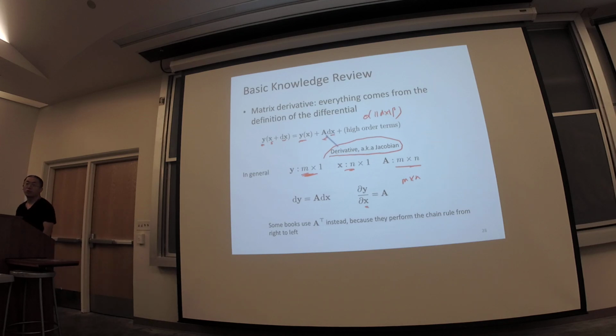So suppose we want to use the chain rule, same kind of thing. I have a y function, which is n by 1, which is a function of x, which is n by 1, right? And now suppose x is another function of theta, which is, say, q by 1. So if we use our notations here, how do we calculate the partial y over partial theta?